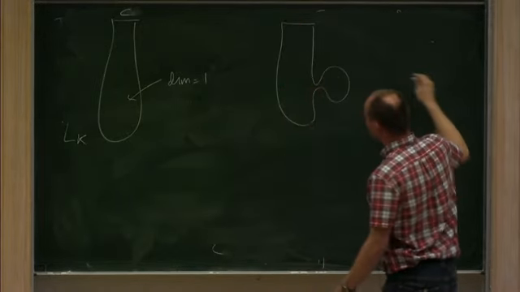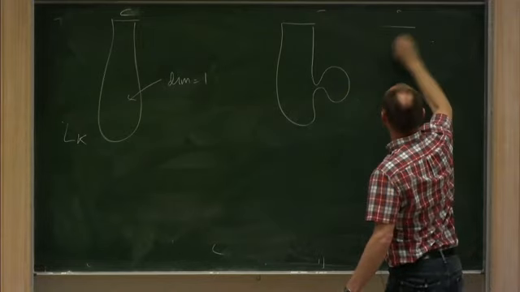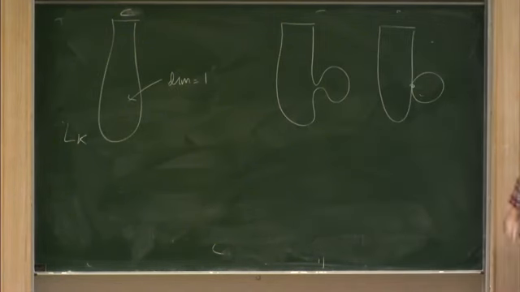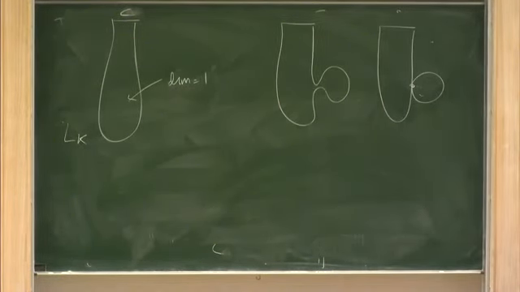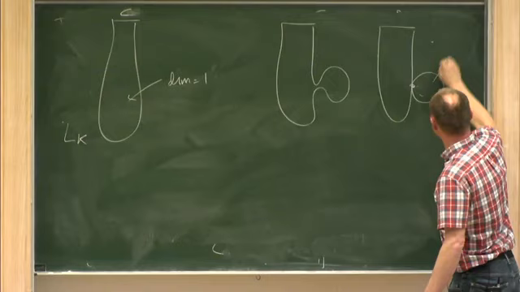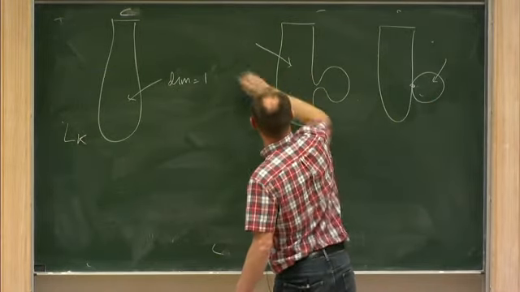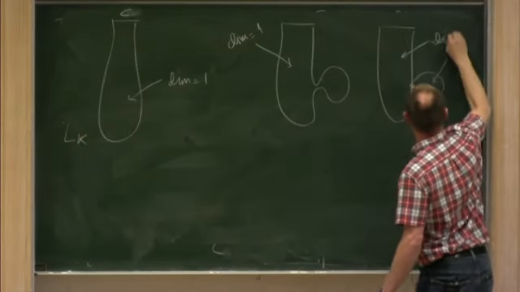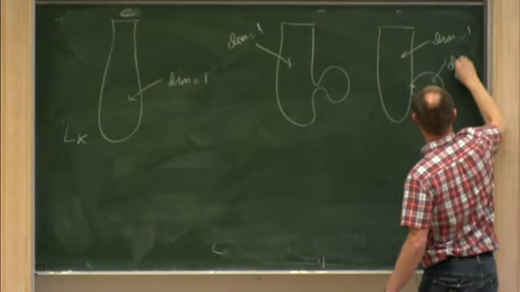The only other thing that can happen is that an interior disk bubbles off at a certain time. This one is dimension 1, and this one is dimension 0.